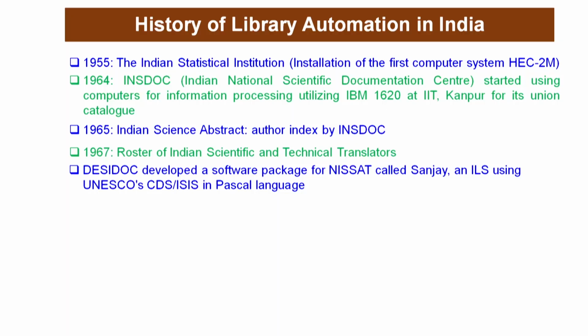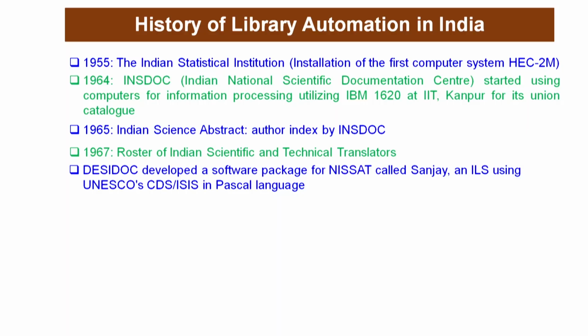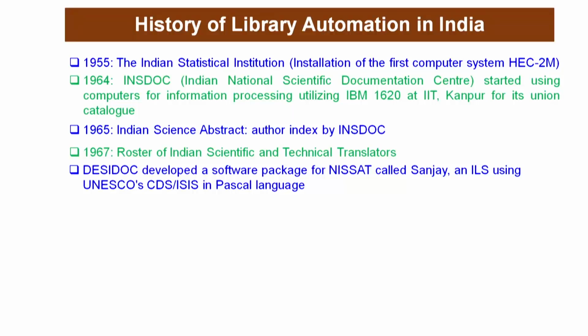And further, DESIDOC developed its own software with the advent of CDS/ISIS as an advanced form. DESIDOC also developed a software package for NISSAT, and the name of that software is Sanjay. It was an integrated library system software based on UNESCO CDS/ISIS, and the language used is Pascal.